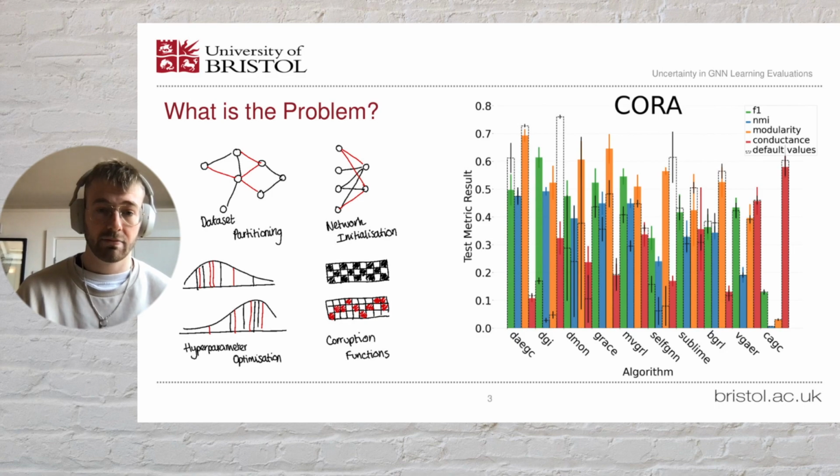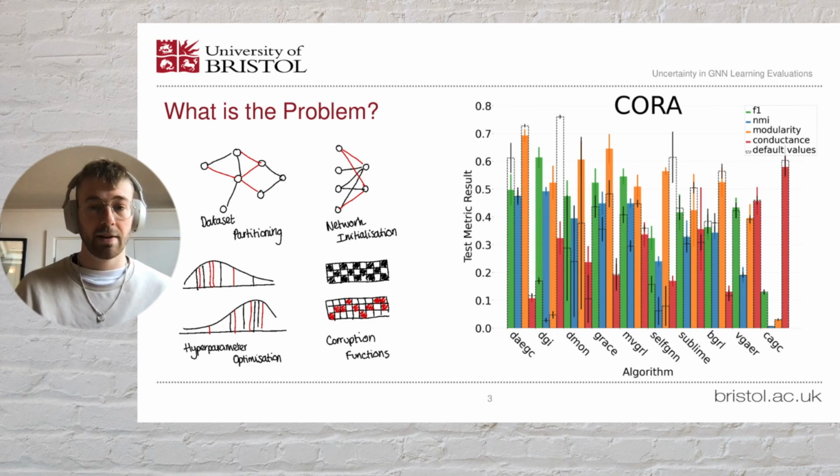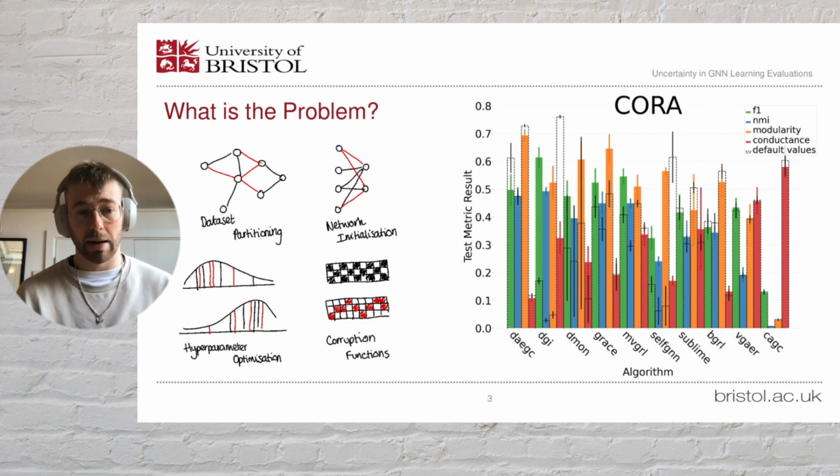The second thing is the hyperparameters. So typically the practice at the moment is to just say what the default hyperparameters are. But the thing is, the default hyperparameters don't work for every data set, and they're also specific to the random seed you're using.